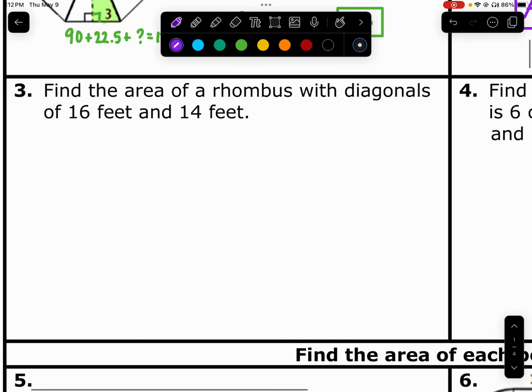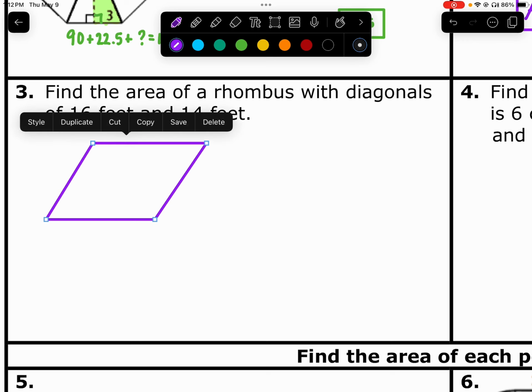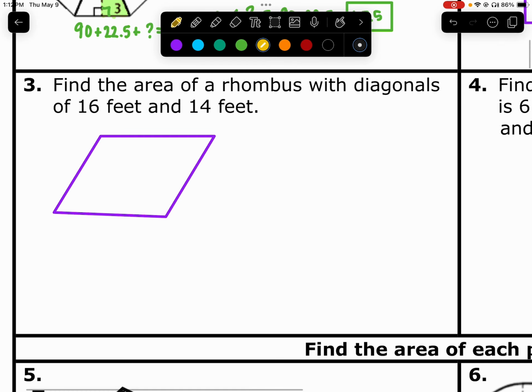Number 3, find the area of a rhombus with diagonals of 16 and 14 feet. All right, so this diagonal would be 16, this one 14, and we need to find the area.